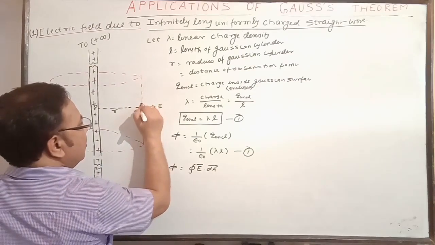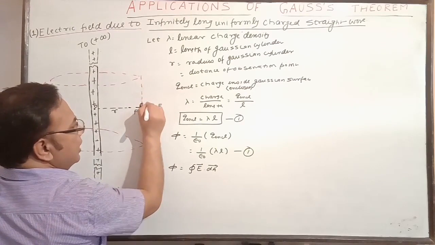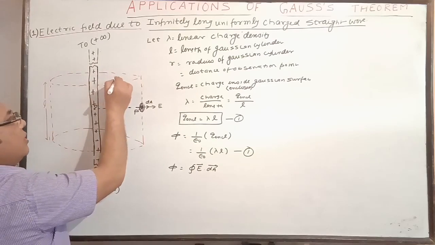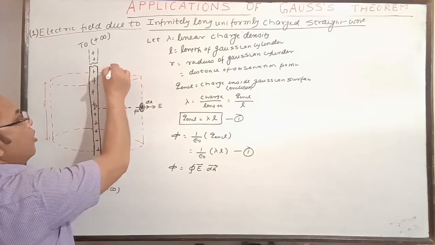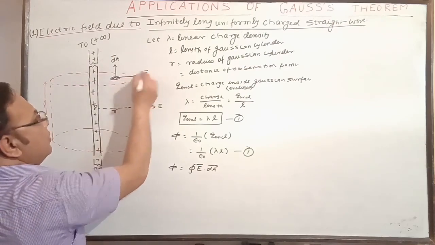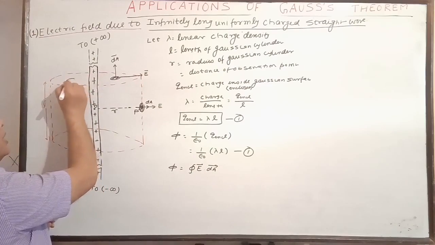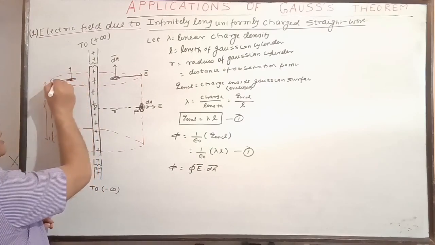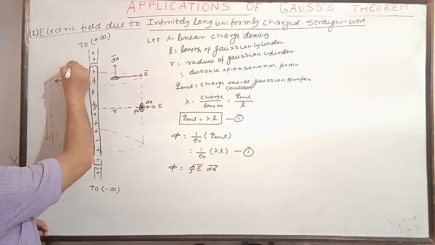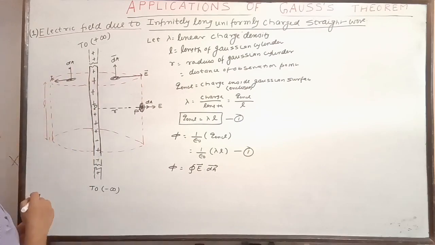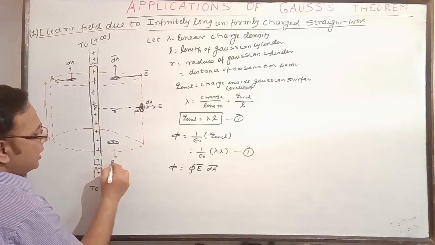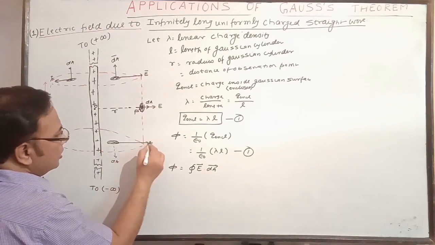On the curved surface, the electric field is radially outward and the area is also outward. On the upper flat cap, the area is the outward normal dA, and the electric field is E, radially away. In the same way for the lower cap, the area is the outward normal and the electric field is radially away.